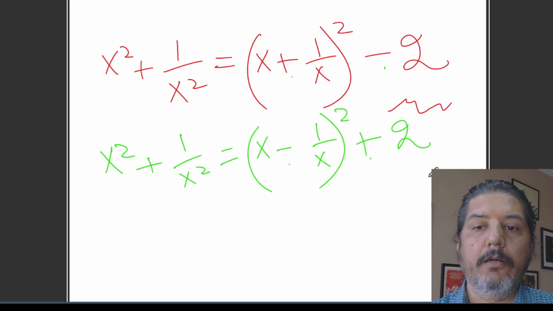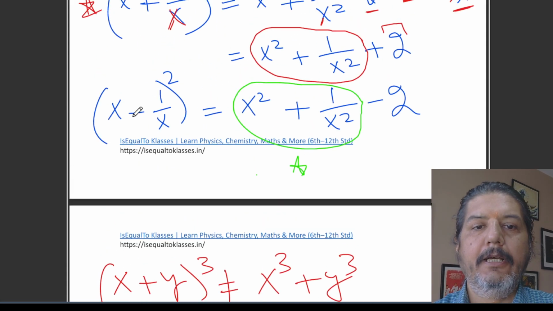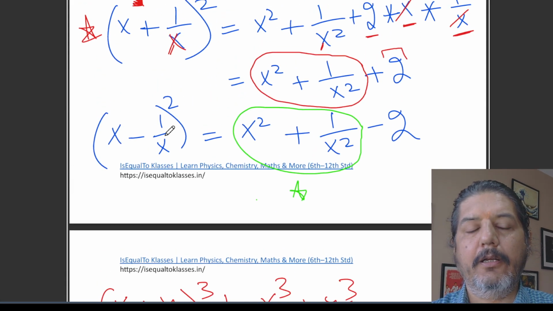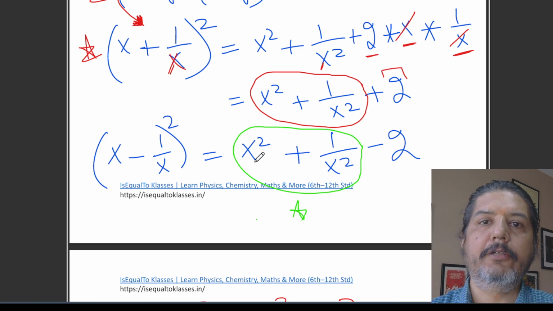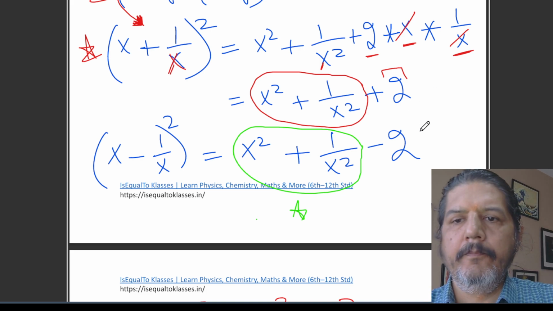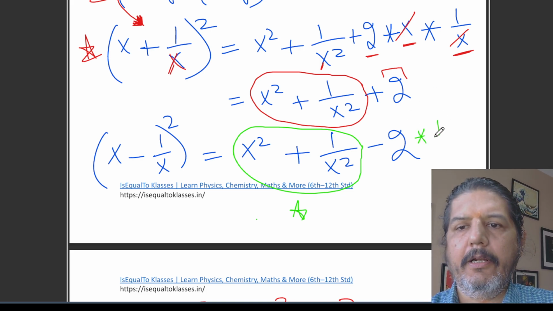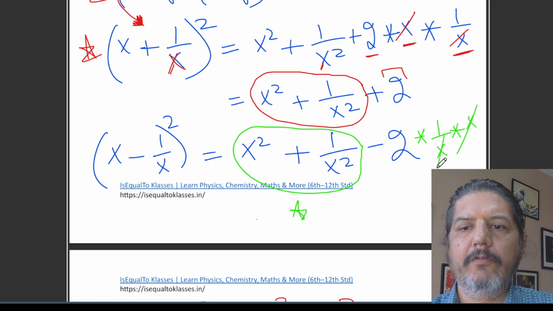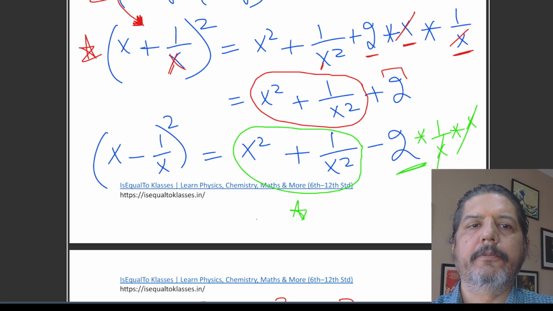So how do we get this? We know (x minus 1 upon x) whole square is equal to x square plus 1 upon x square minus 2 multiplied by 1 upon x multiplied by x. So this will cancel, and that is why you see a 2 only here.